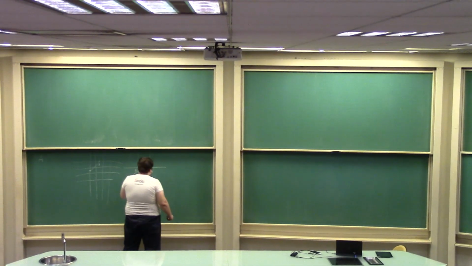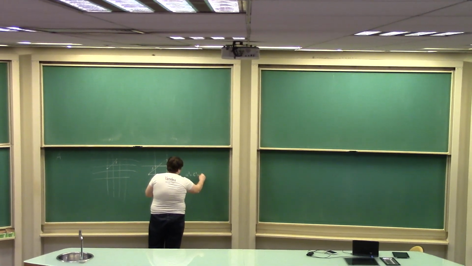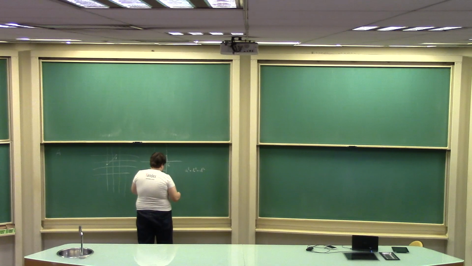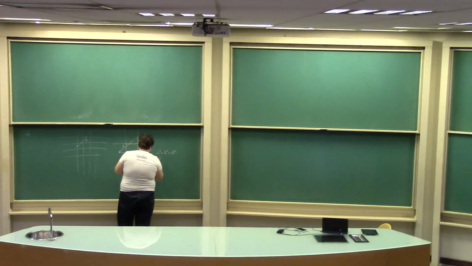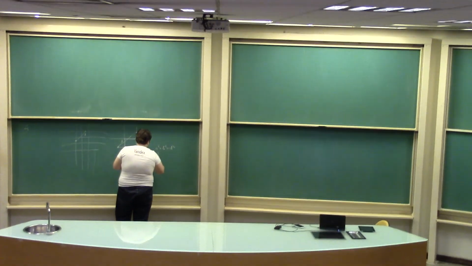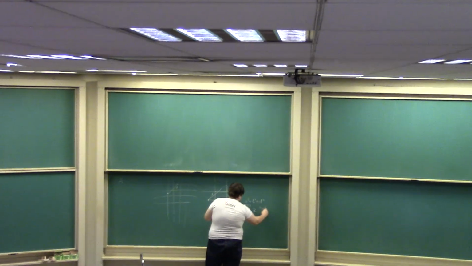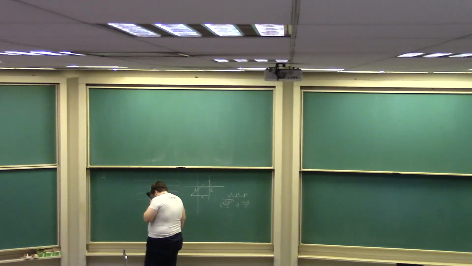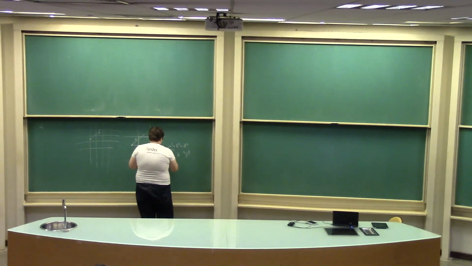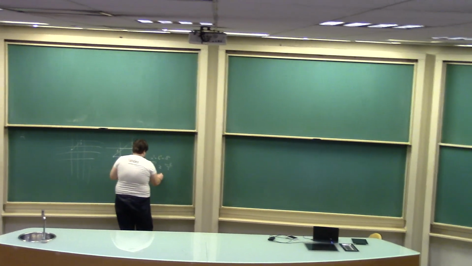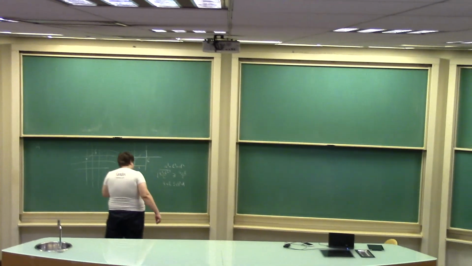And as we have, and also we know that, so we have A plus B less than or equal to square root of 2 times d.